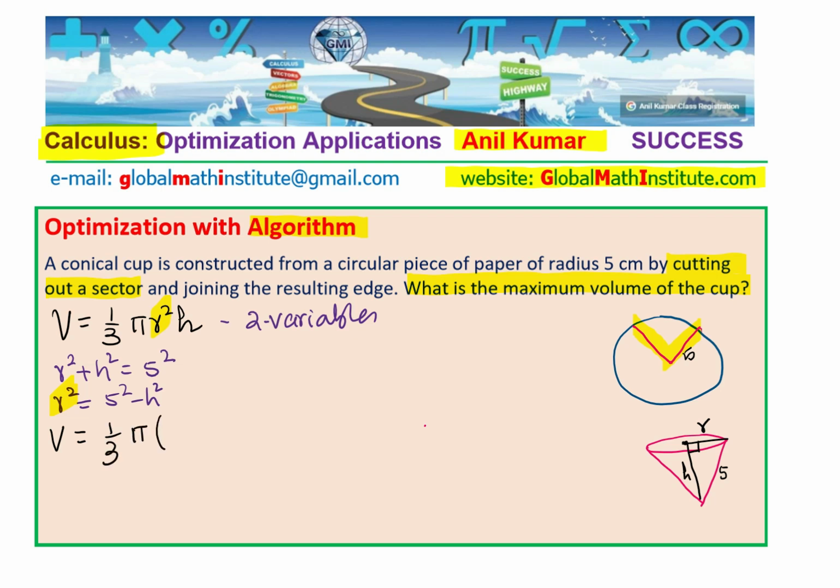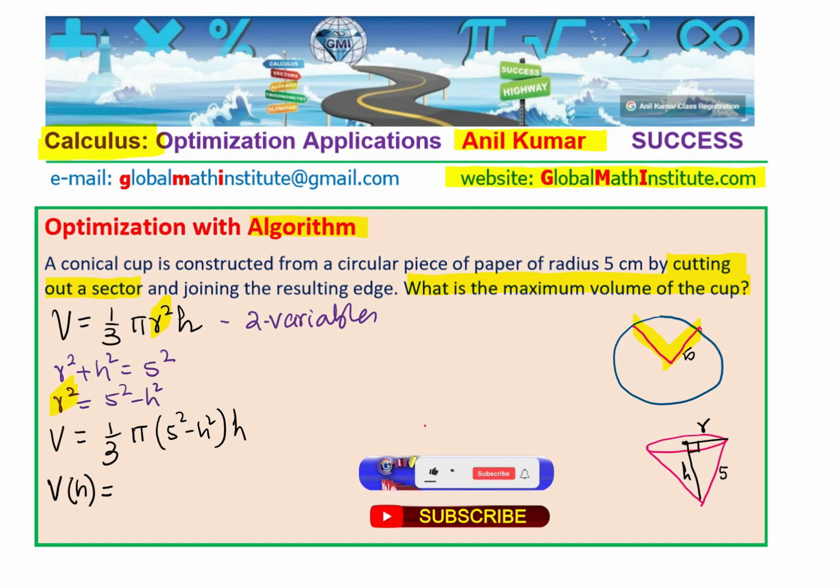Instead of r square, we'll write 5 square minus h square. And we already have h here, right? Is that clear to you? Now we have a function in one variable which is the height of the cone. You get the idea. So this is a very critical step which you should come to before beginning to differentiate.